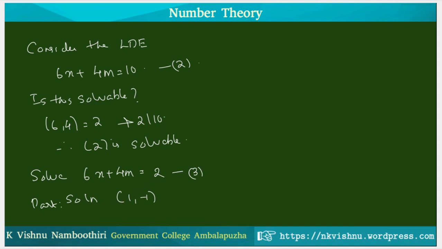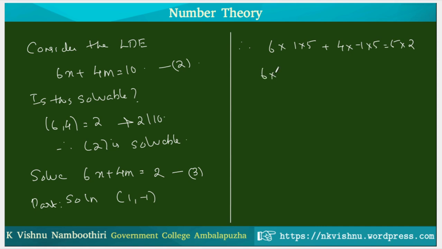But we need to solve not this one, but 6x plus 4m is equal to 10. So we need to multiply with 5 on both sides. So 6 into 1 into 5 plus 4 into minus 1 into 5 is equal to 5 into 2.